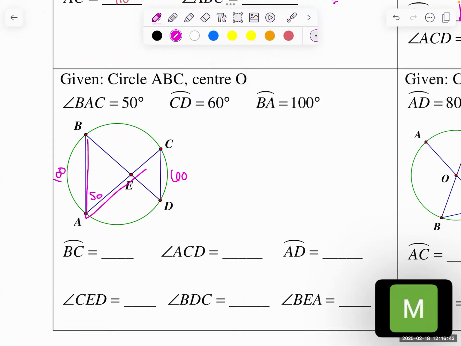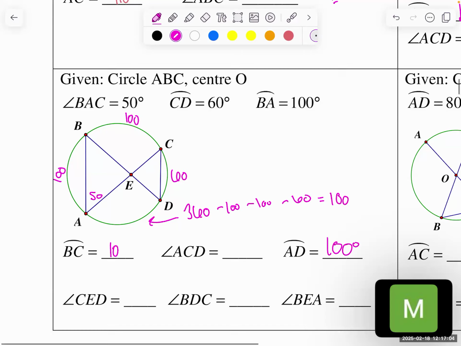But I can say, if that's 50, BC has to be 100, which means AD is 360 minus 100 minus 100 minus 60. So 360 minus 200 is 160. 160 minus 60 is 100. So AD is 100. BC is also 100 degrees. And then since this is 100, ACD has to be 50.